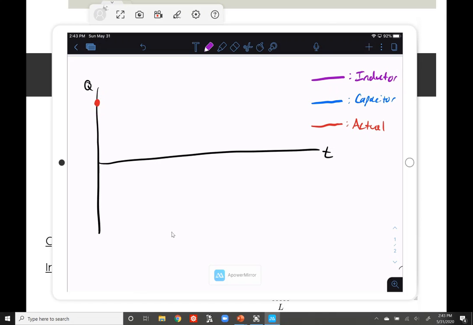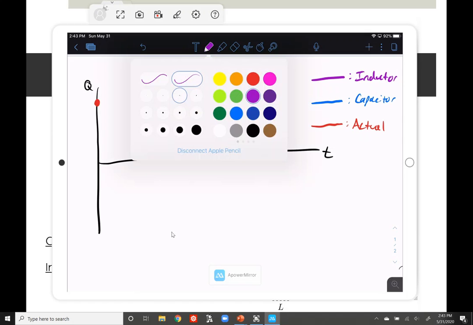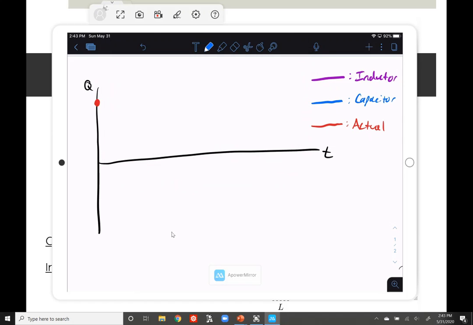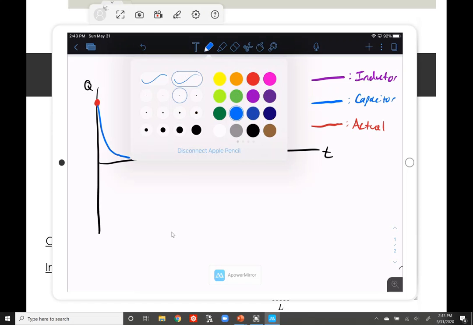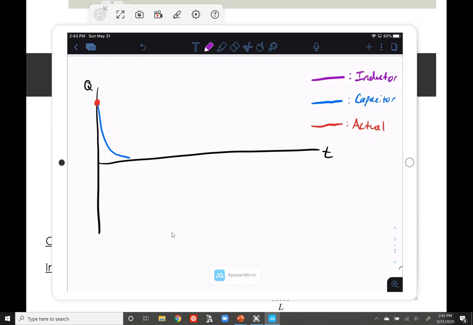If I asked what the capacitor wants to do, of course, the capacitor is always looking to get here. It always wants to get to Q equals 0, completely discharged. So the capacitor says, heck yeah, let's get discharged. But the inductor is in opposition to this, because the inductor says, I want to keep the current where it was.